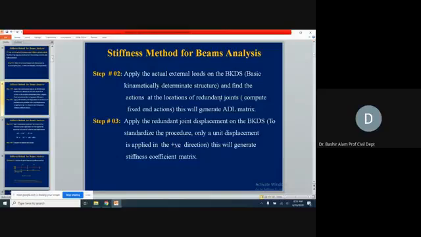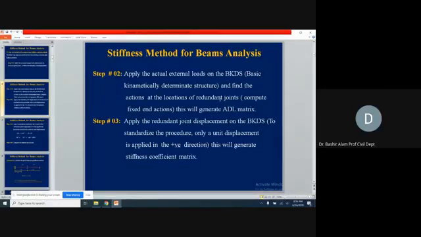Now we will be writing the corresponding values for the unknown joint displacements. So it means the order of the ADL matrix will be the same as the order of the unknown joint displacements. Similarly, for AD, D, and ADL, all these three, the orders will be the same.